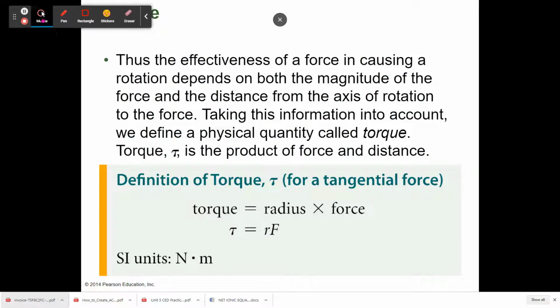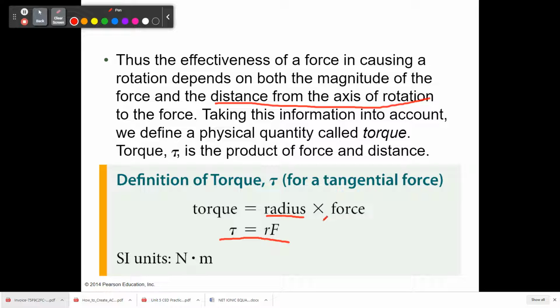All right, so our definition or formula for torque is given here. Torque is equal to the radius, the distance from the axis of rotation, times the force that we apply. So it's a product of force times distance, very similar to work, which is force times distance linearly.